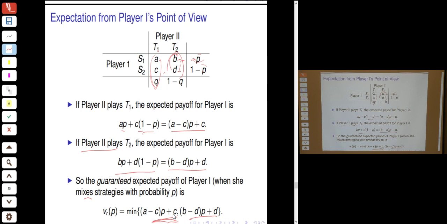Player 1 doesn't know whether player 2 will play strategy 1 or 2, so she should prepare for the worst, which is to take the minimum of these two expected payoffs. Her goal is to choose P such that this minimum expected payoff, as a function of P, is the biggest. Our goal is to choose the optimal value of P so as to maximize this function of P.